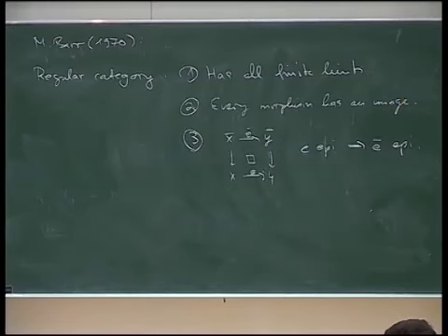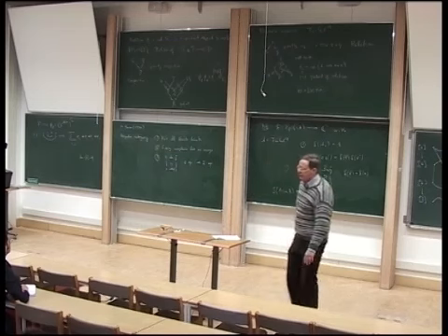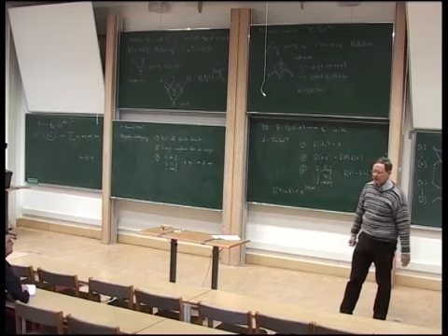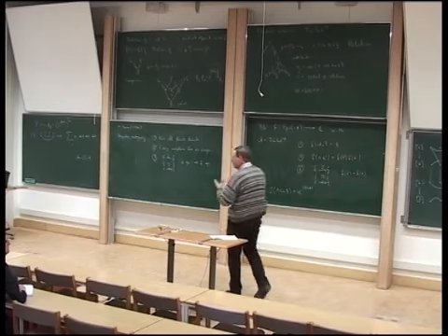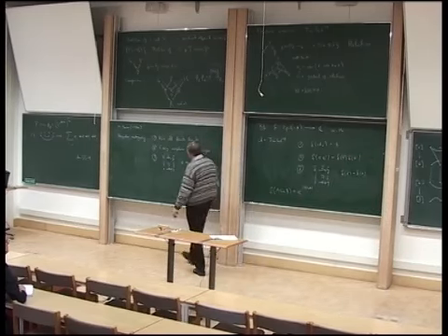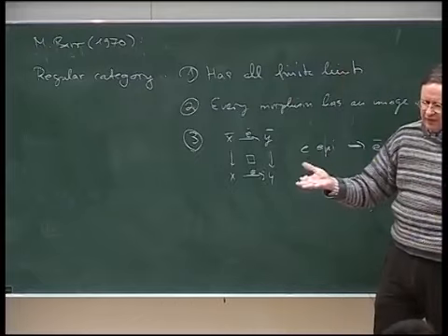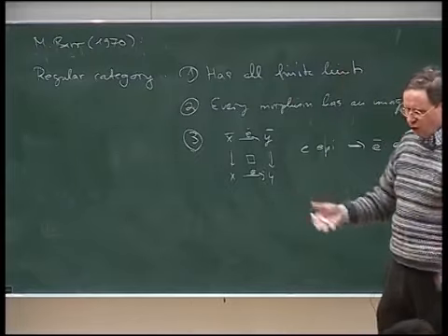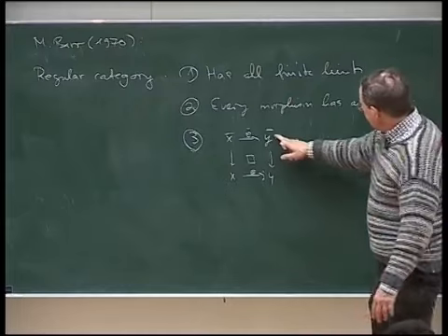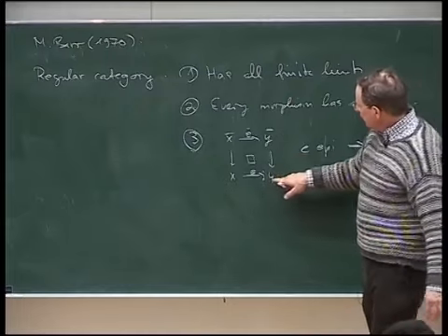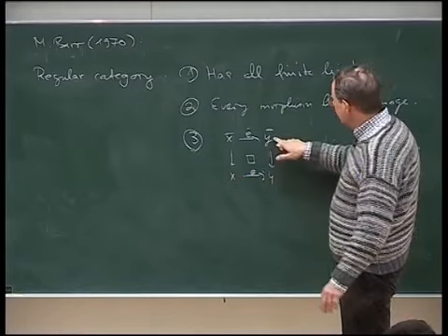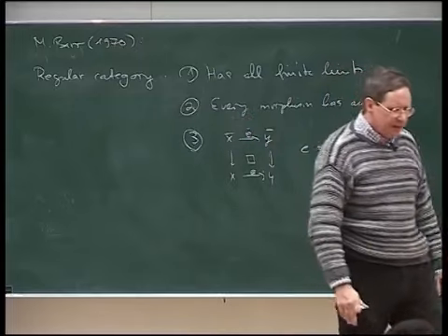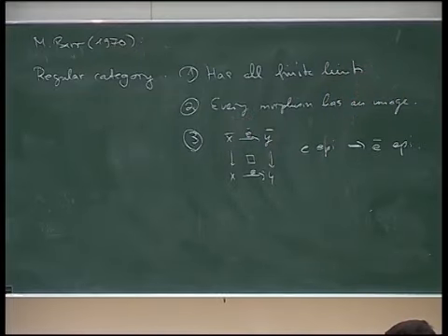So for example, a typical category which is not regular is the category of algebraic varieties. First of all, it doesn't really have images, but even if there is an image, the image is then usually just an open subset, say, and if this is just one point, then even if this is surjective in a variety sense, you might just miss exactly the point which is not in the image.